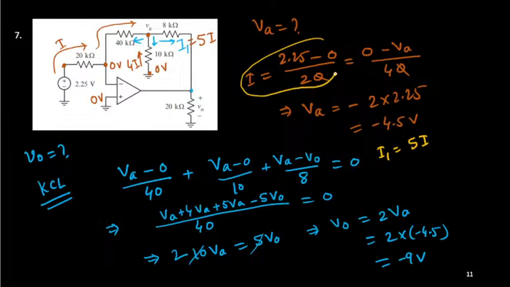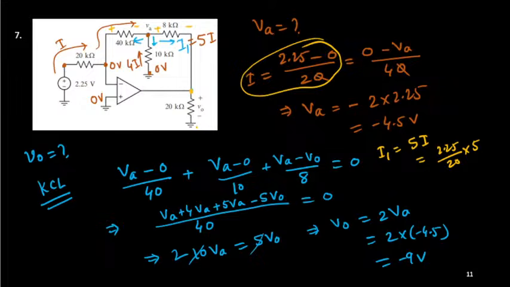And I we have already got. This is our I. So this is your 2.25 by 20 times 5. This much current you will be getting. Then you can find out this potential. So what is the voltage drop across this one, and what is the potential drop across this one? You can find out, and that will be your total V0 voltage.